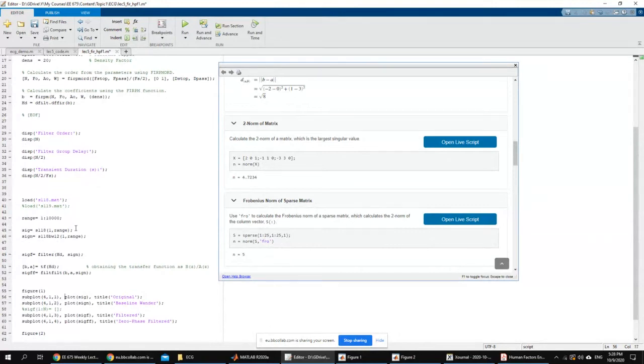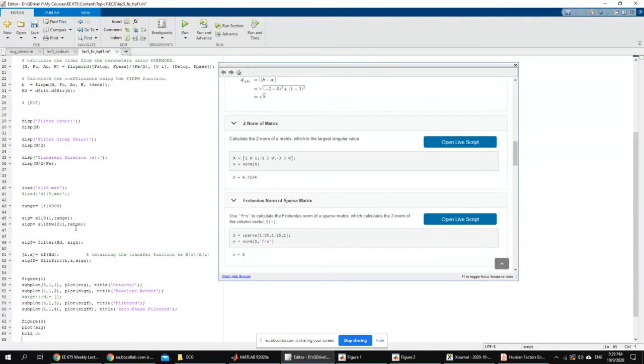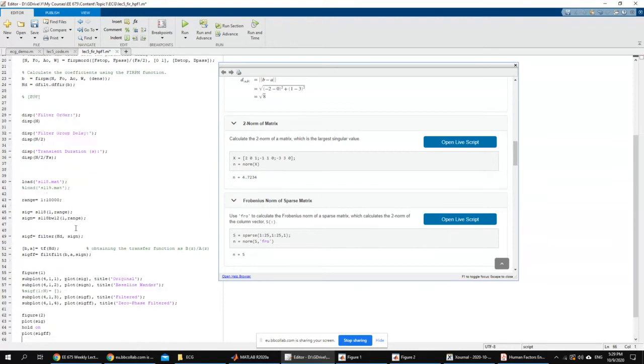So I'm going to plot the signal, and I'm going to plot the zero-phase filter signal on top of it. Just use the hold on and plot that. Okay, and maybe have it in color.